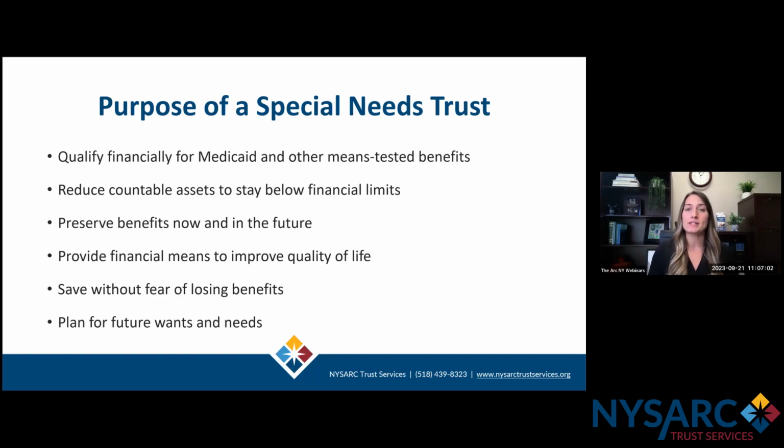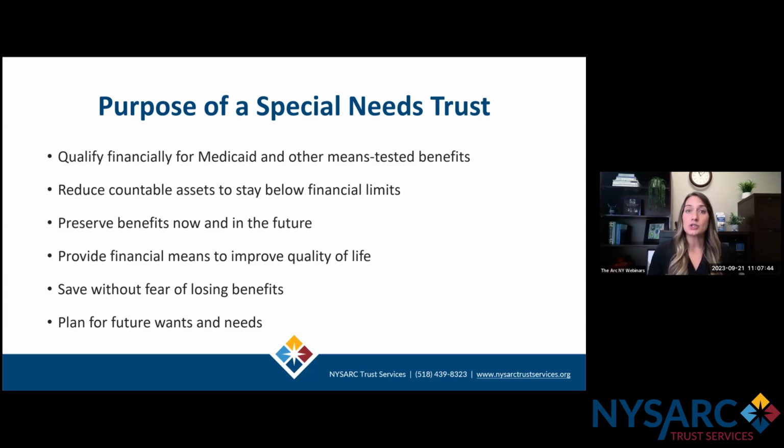The primary purpose and role of setting up a special needs trust for yourself or for a loved one is to allow them to qualify financially for a means-tested benefit like Medicaid or Supplemental Security Income, or reduce assets that they may have in their name or have available to them, or they may be entitled to receive, so that they can stay below the very strict financial limits for these programs, allowing them to access these services, and the goal being to allow them to live independently in the community in the least restrictive setting possible for as long as possible.